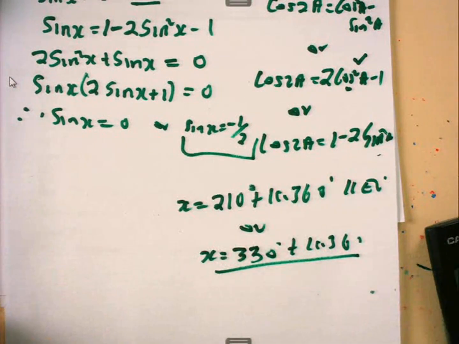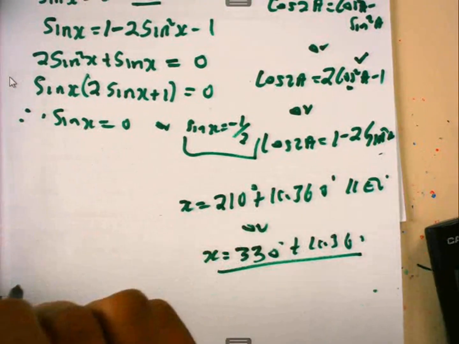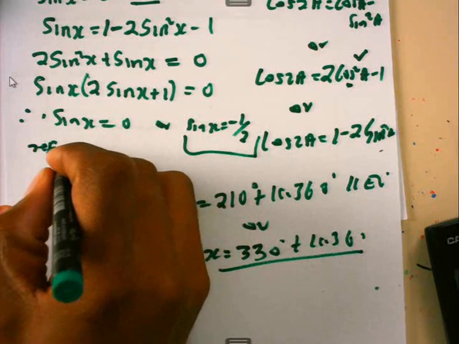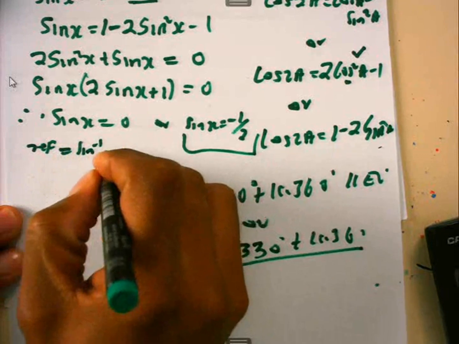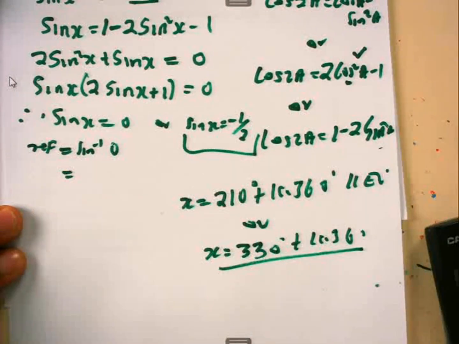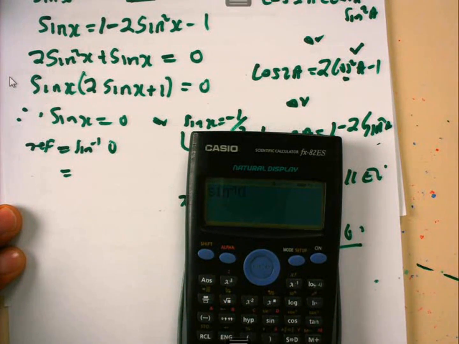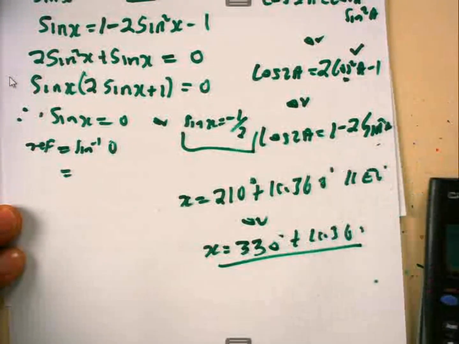What about this one on this side? Sine x is equal to 0. Right, of course, the reference angle will be the inverse sine of 0. What is the inverse sine of 0? Yes, it's 0, right? Then the inverse of sine 0 is 0 degrees.